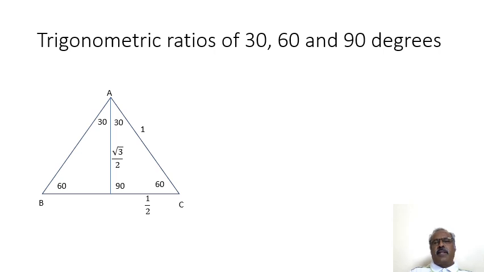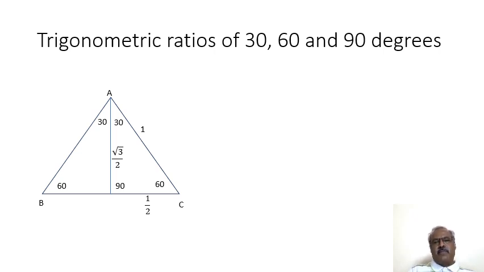If we drop a perpendicular from A, we know that it is the bisector of the side BC. In the equilateral triangle, the perpendicular drawn from any vertex to the opposite side bisects that side, because for an equilateral triangle, the perpendicular dropped from a vertex is the same as the median.